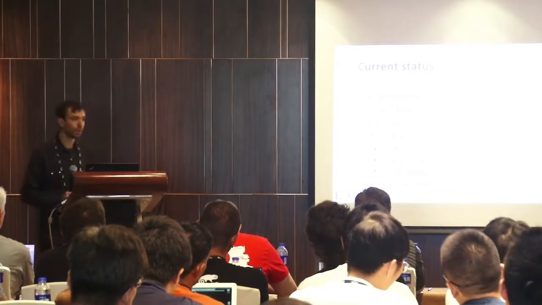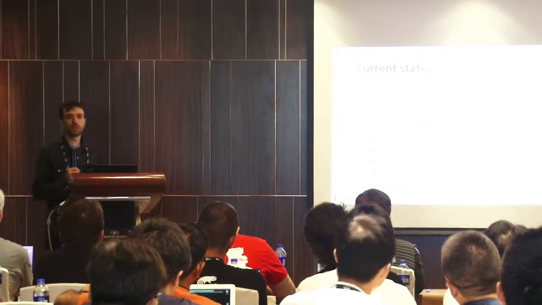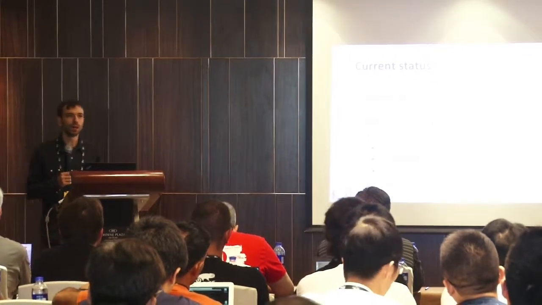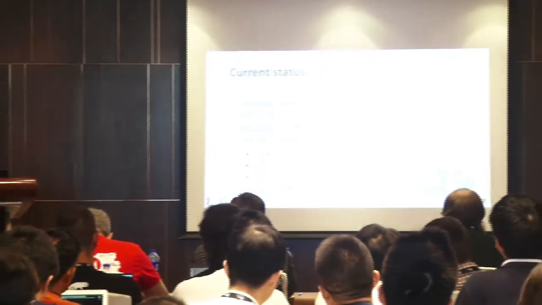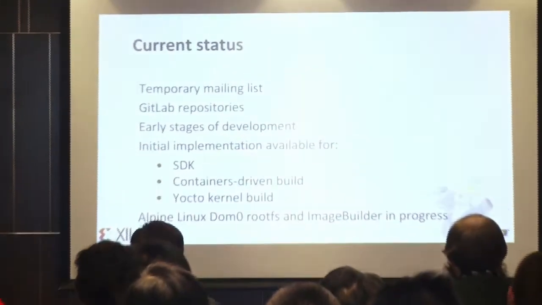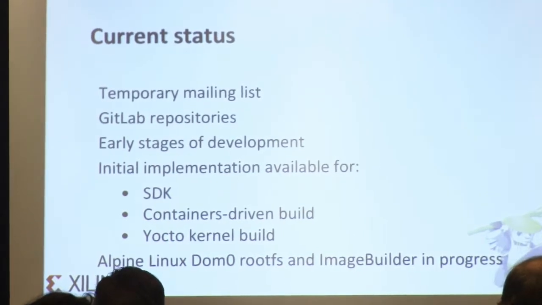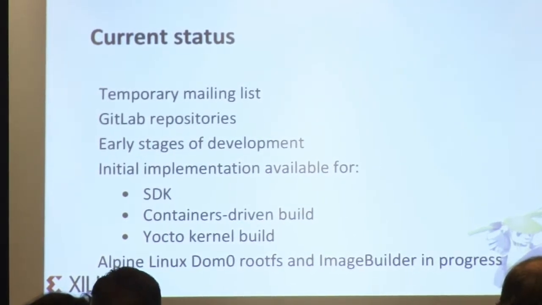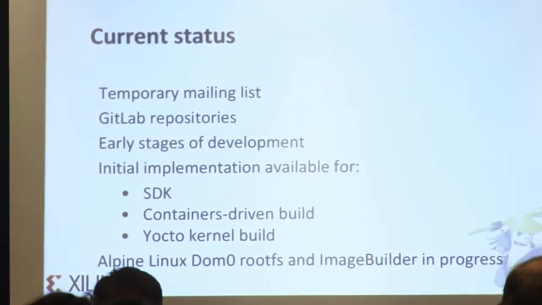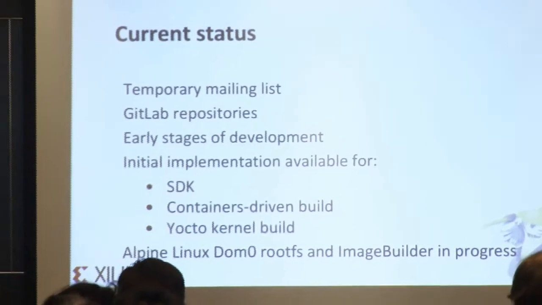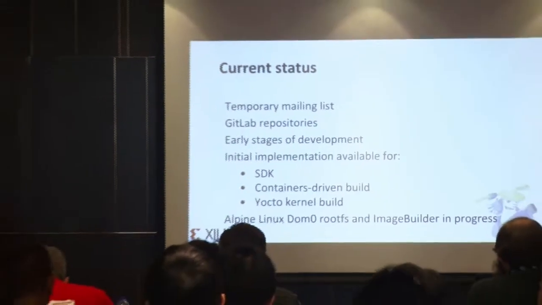Okay, so I'm going to tell you about the current status, and then I'm ready to answer all your questions about this project. What the current status is, we have a temporary mailing list because, well, it's not actually an official sub-project yet, so we are looking forward to moving to an official and public mailing list. We have GitLab repositories.